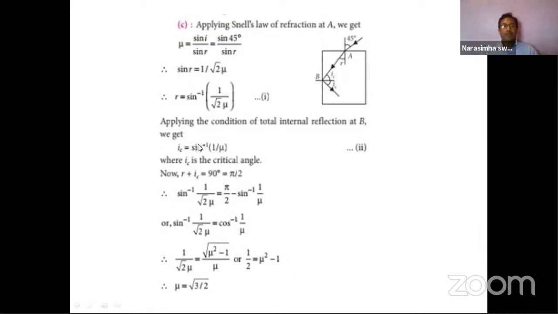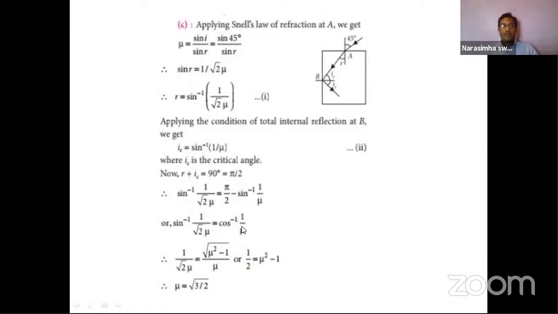So sin inverse of 1 by root 2 mu is equal to pi by 2 minus the i_c angle. Since sin inverse of this thing is equal to 90 minus theta, sin of that becomes cos theta.